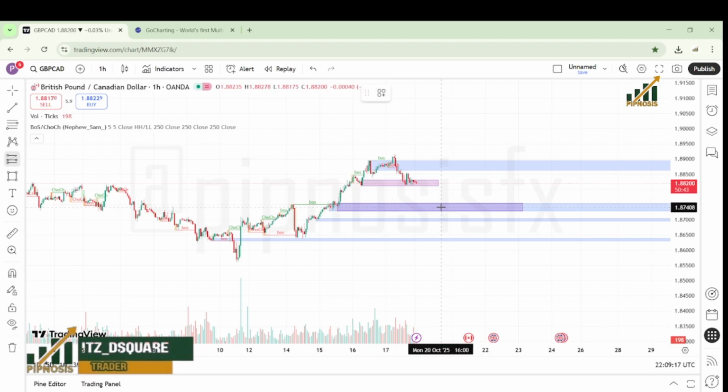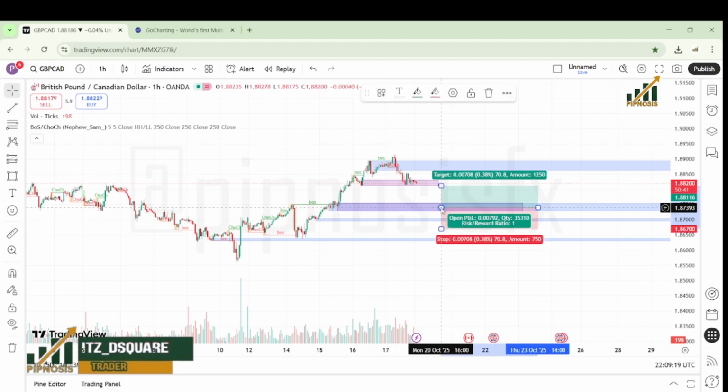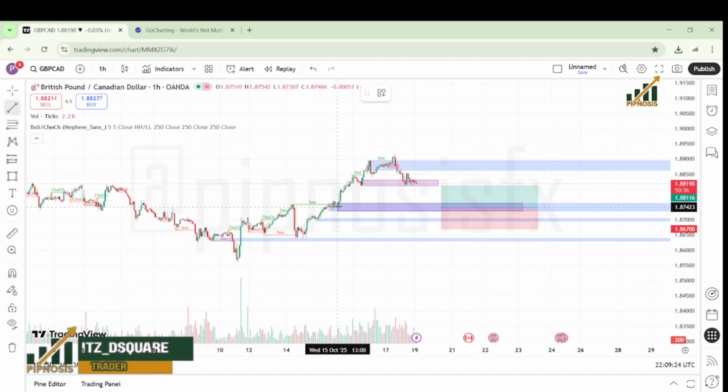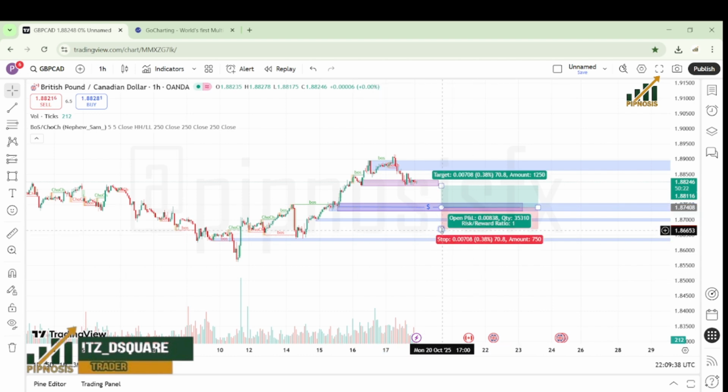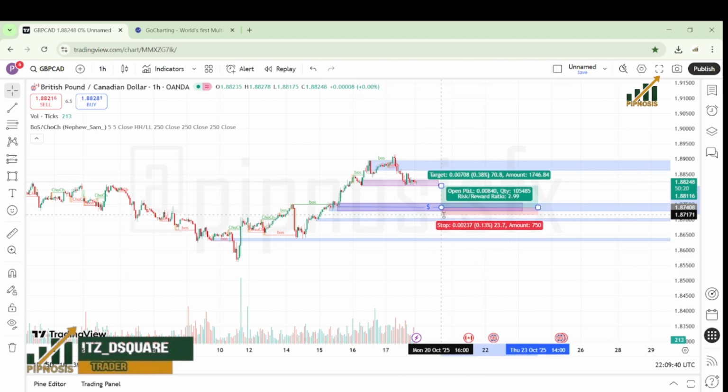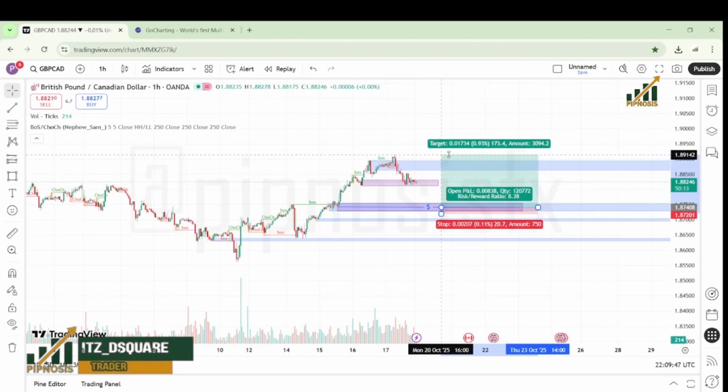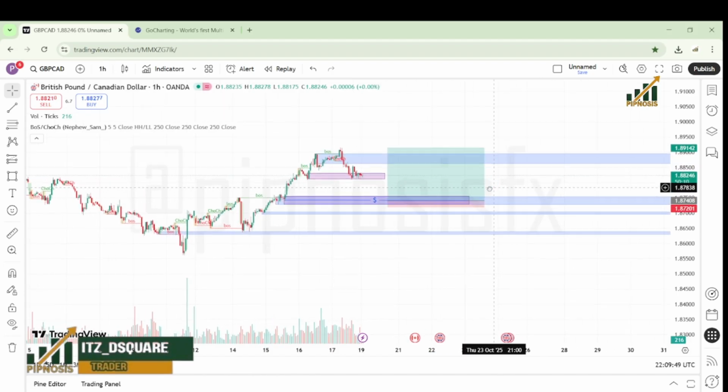Then my entry will be at 50% of this zone, which is here to here, and I also see that there's liquidity here. Then my SL will be below that level and my TP at the resistance zone.